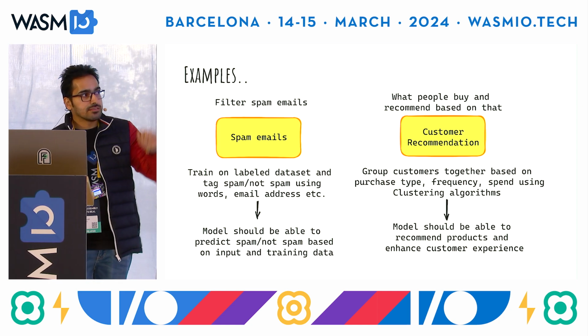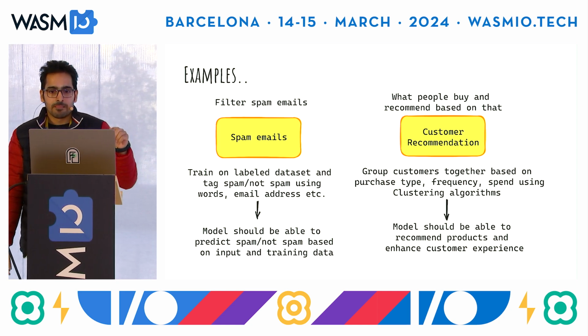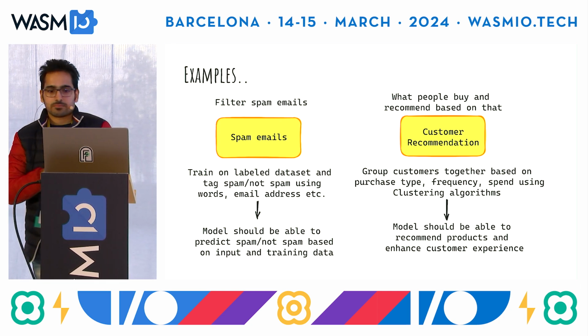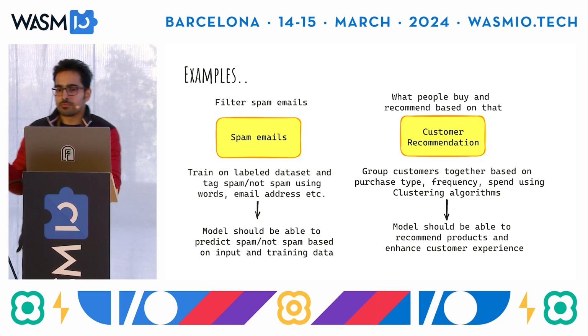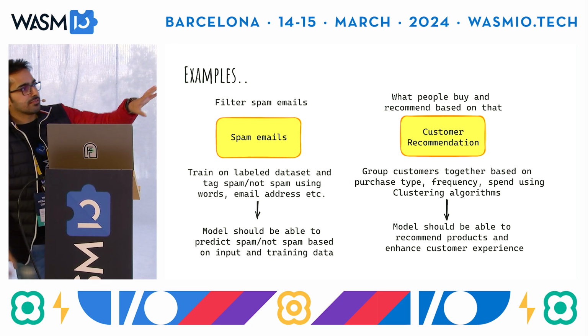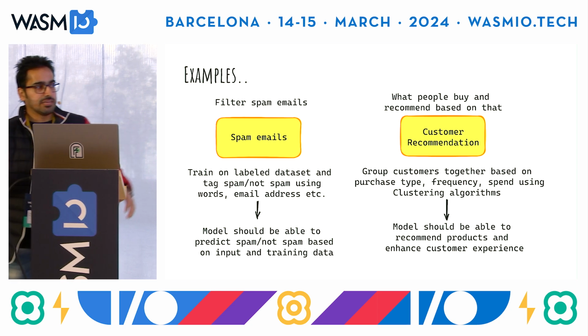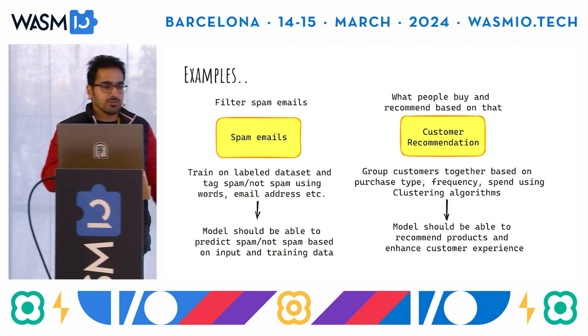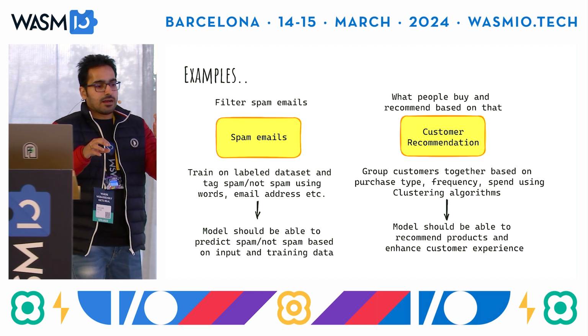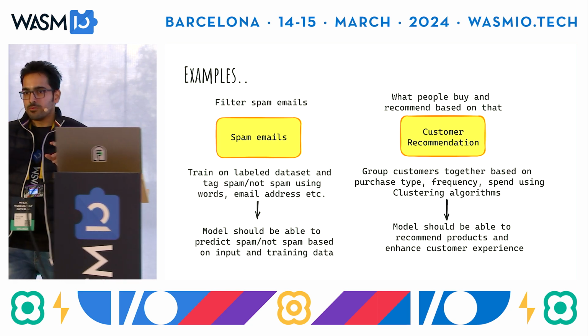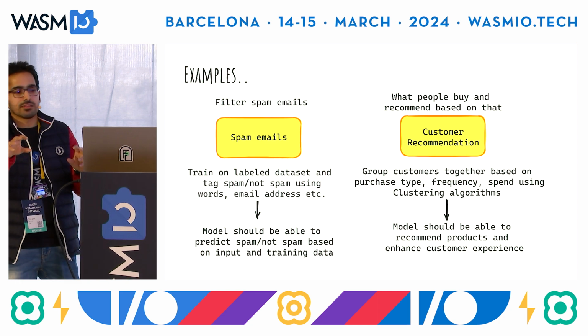On the other hand is unsupervised learning, where, for example, you look at what people buy and recommend based on that. So it's a customer recommendation. Let's say you have a group of customers. Here you group customers together based on purchase type, frequency, and spend. You have a customer who bought something, how many times a week they are buying, how much they spend when they are on a particular website or in the store.